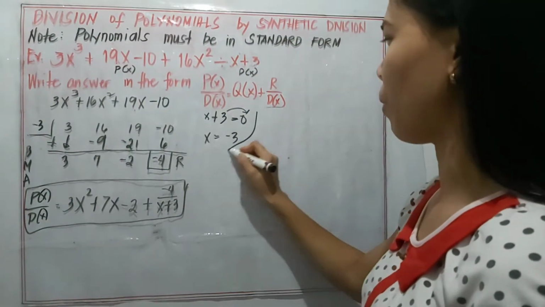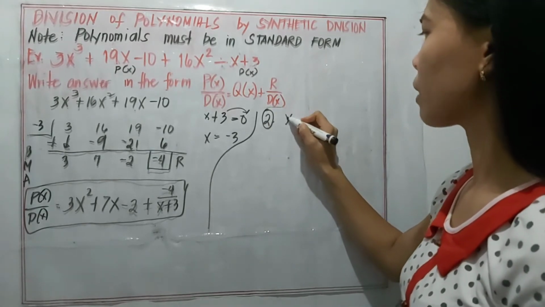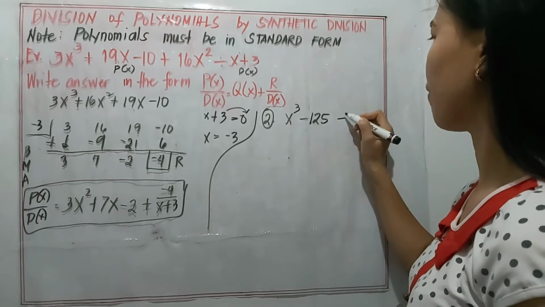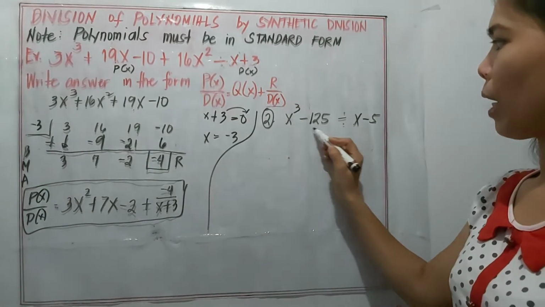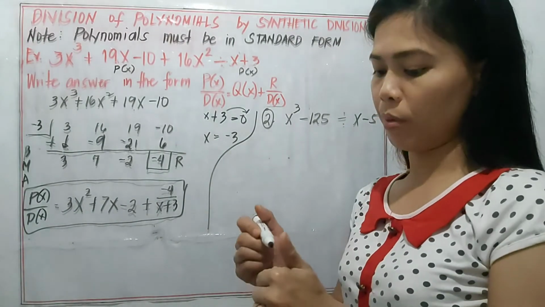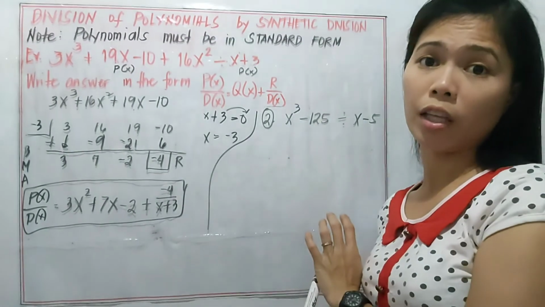Okay, let's have example number 2. Let's try x cubed minus 125 divided by x minus 5. This will be our polynomial. This is our divisor. Take a look at our polynomial. Yes, it is the highest exponent. Kaso constant na yung karugtong.